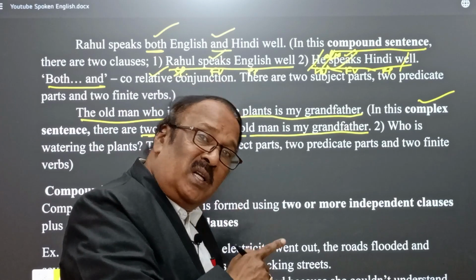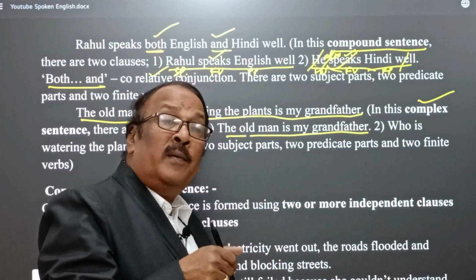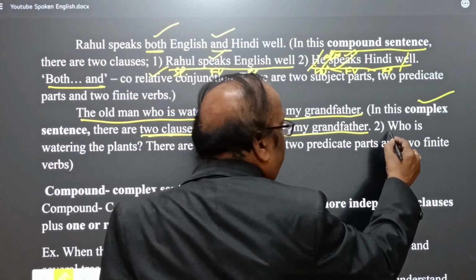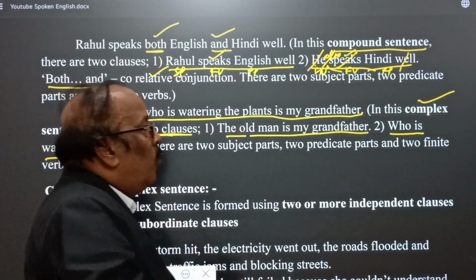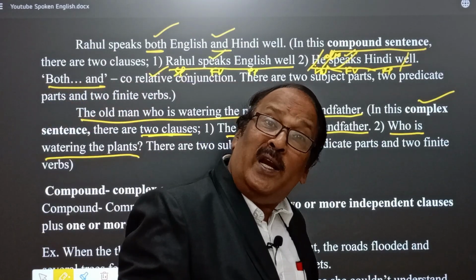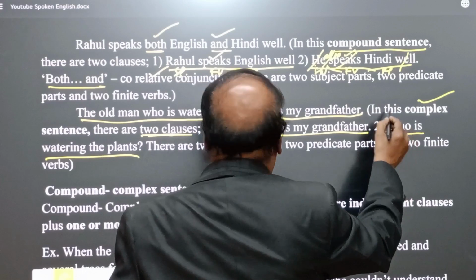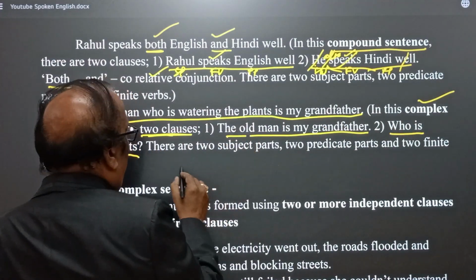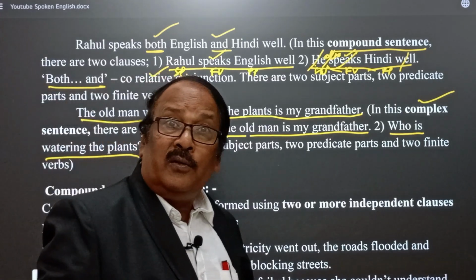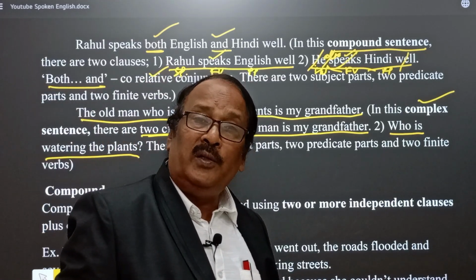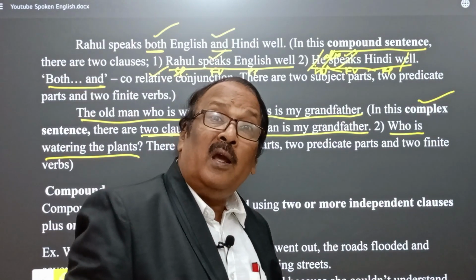Again, who is watering the plants. Who here is a subordinating conjunction, and relates to the old man. Who is watering the plants, remember, also looks like an independent clause.